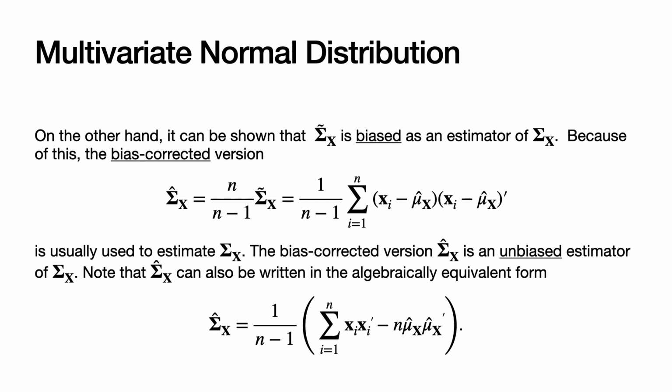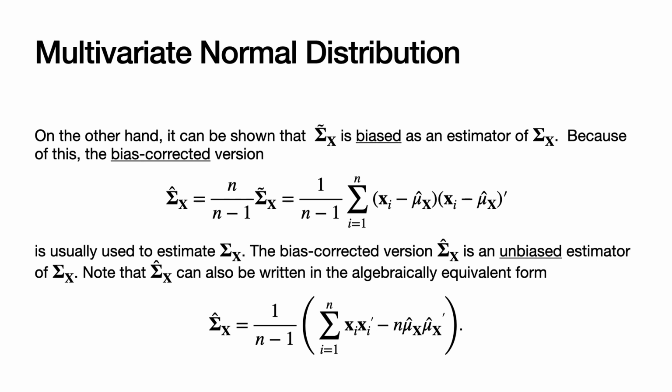Expressed in terms of sigma tilde sub x, it would be equal to n over n minus 1 times sigma tilde sub x, where again, sigma tilde sub x is the MLE of sigma sub x. And that is equal to 1 over n minus 1 times this sum that we saw on the previous slide.